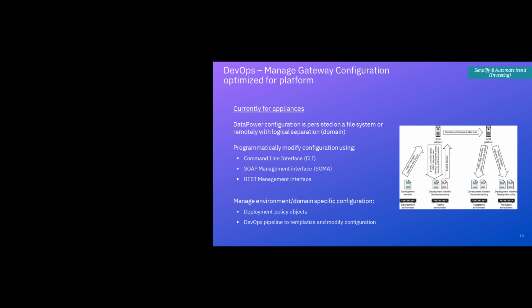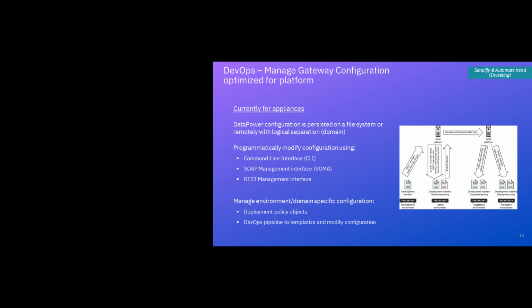Today, for DevOps, just moving on a little bit here, we manage the gateway configuration, and how we manage it is optimized for each platform. So if I'm using appliances or VMware, DataPower configurations are on a local file system, on that flash drive on DataPower or wherever. They can be remotely brought in from a web server with remote domains. And many of you have written some amazing scripting to work with them using our command line interface or SOAP and REST.